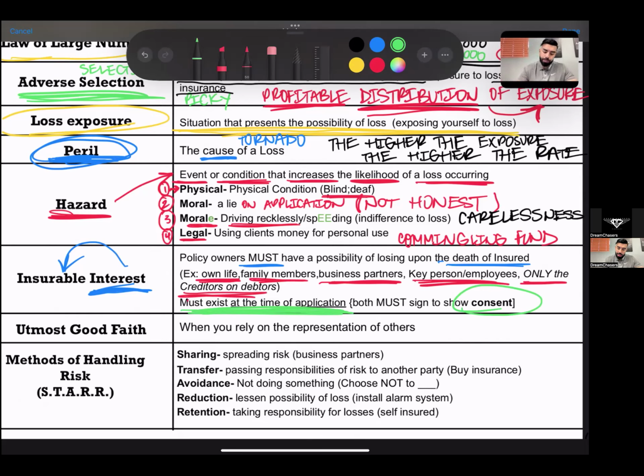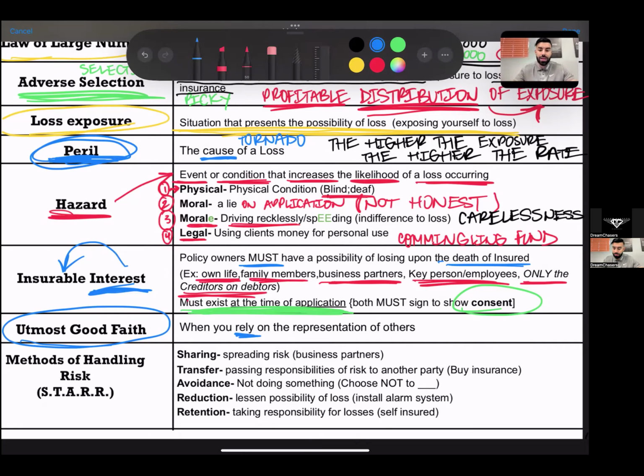Okay. Now, next, a term is utmost good faith. So, utmost good faith, it says when you rely on the representations of the other. We'll cover what a representation is in the next chapter, but in other words, it's a statement that is believed to be true. So it's when you rely on the statements that are believed to be true of the other party.